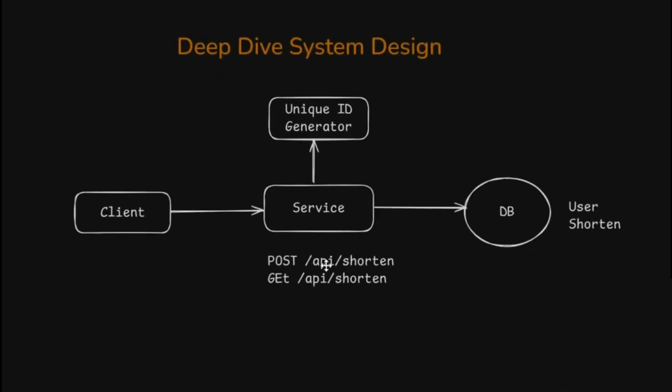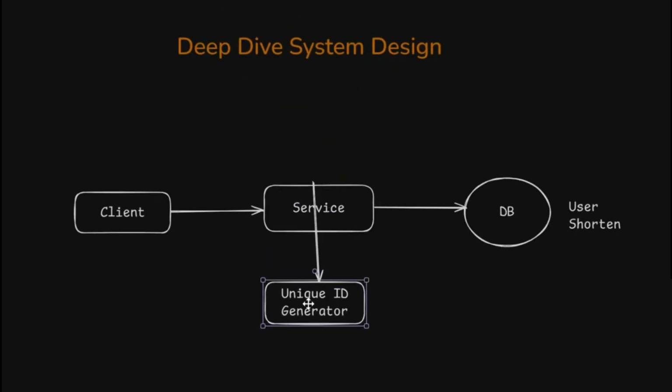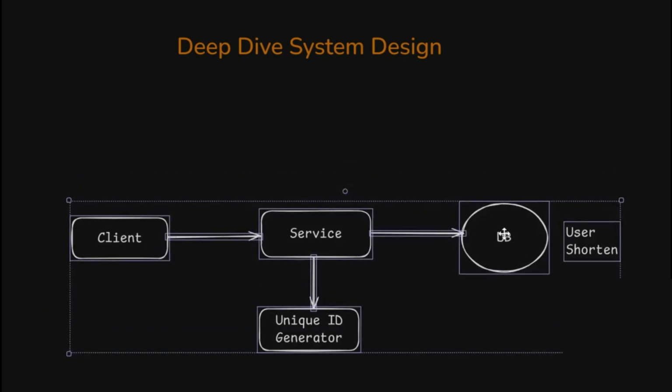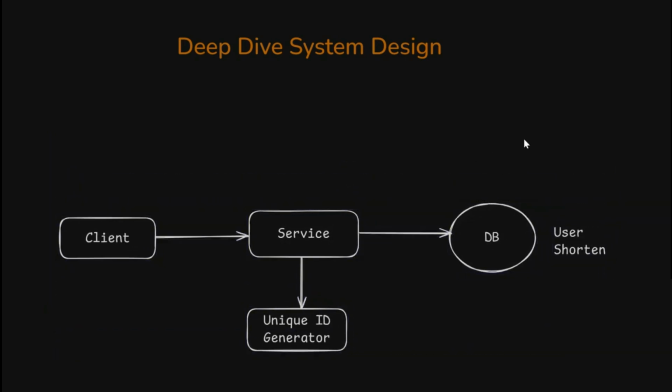Let me create some space for the deep dive. Let me keep this at the bottom and move this down a little so that I can get space for the problem statement, which we will see now.